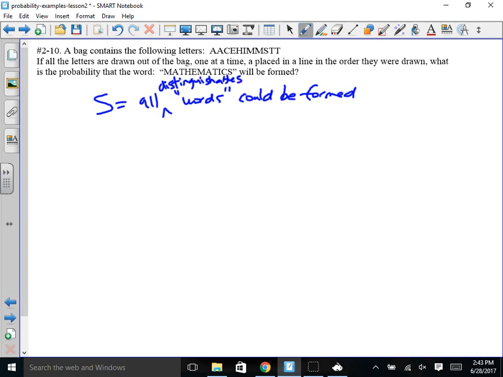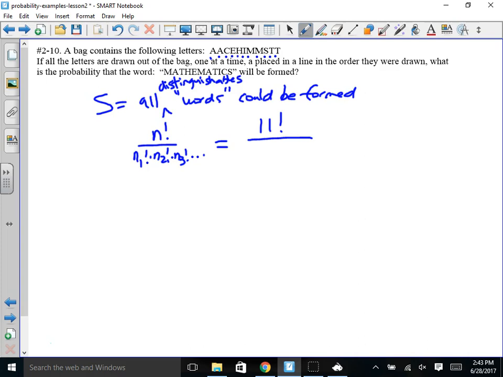It's a distinguishable permutation. So there's a formula for that, and it's that the number of ways to line up things where there's duplicates is n factorial over n1 factorial times n2 factorial times n3 factorial for all the symbols. So here, let's see, I guess we have to count this up. There's 1, 2, 3, 4, 5, 6, 7, 8, 9, 10, 11 letters to line up.